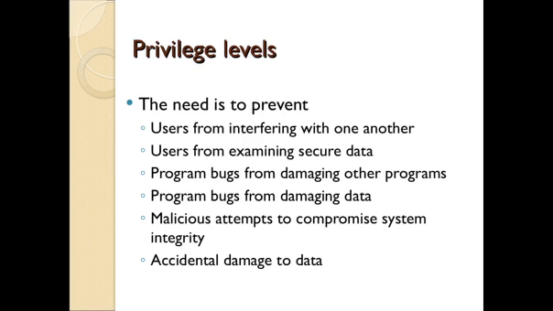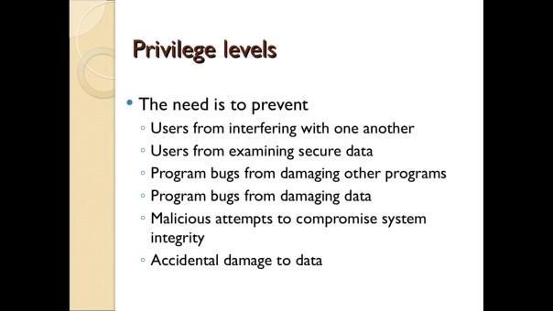Then we can prevent program bugs from damaging other programs. When we are executing multiple programs in parallel, and there is a bug in one program, it should not affect the execution of another program or damage its files. Third, we can prevent programs from damaging the data.